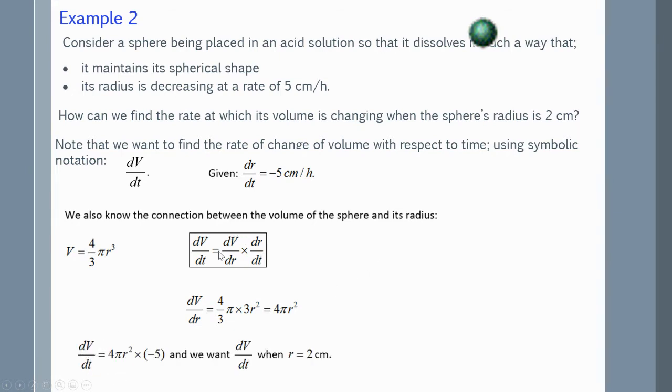So dV/dt is 4 pi r squared times negative 5, and we want to find it when radius is 2. So substitute 2 for radius, and the exact answer is minus 80 pi, or correct to the nearest cubic centimeter, minus 251. The unit is cubic centimeters per hour because we're looking at the change in the volume.